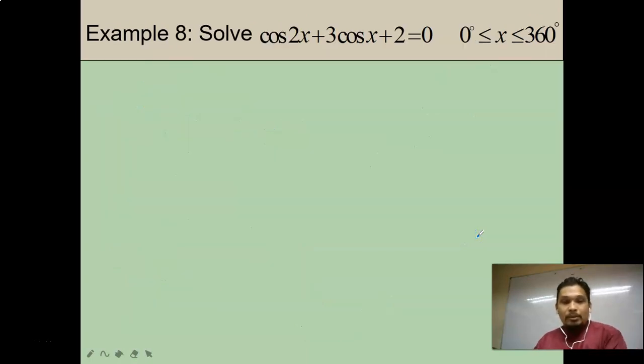Okay, now what about this one here? Solve cos 2x plus 3 cos x plus 2 equal to 0.